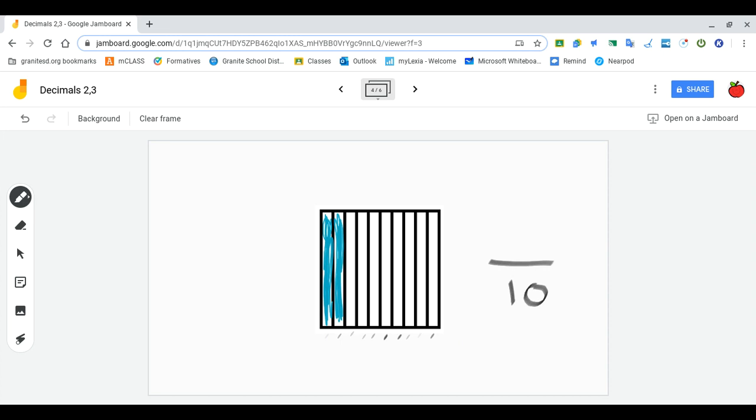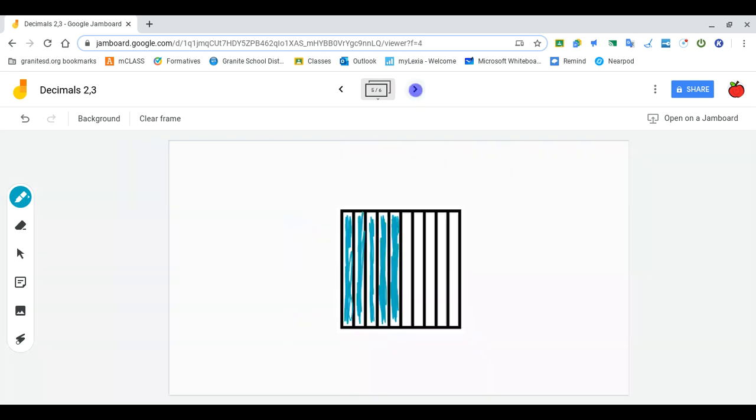And now the numerator, or the top number here, is going to tell me how many of those pieces are shaded. So I have 1, 2. This is my fraction equivalent for that picture, so it is 2/10. And this can be simplified, but we're going to work on that in the next one.